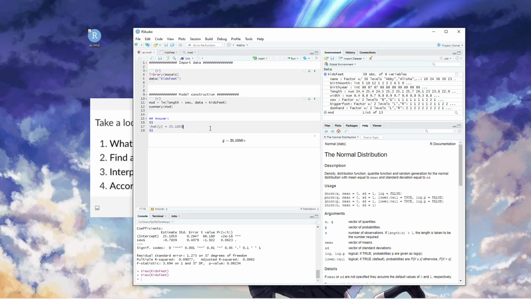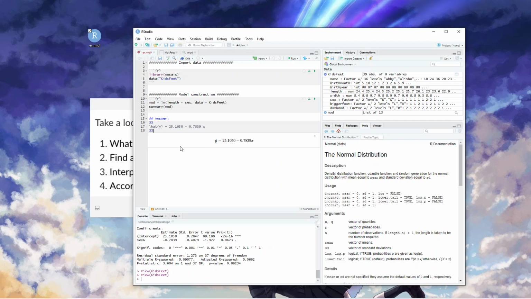In this case it's negative, so I can directly subtract this, times x. Maybe we just ignore that product sign, and I can have my x value. In this case, the x value is just a binary value, so you either have 1 or 0. If it's a girl, you have 1. If it's a boy, you have 0.